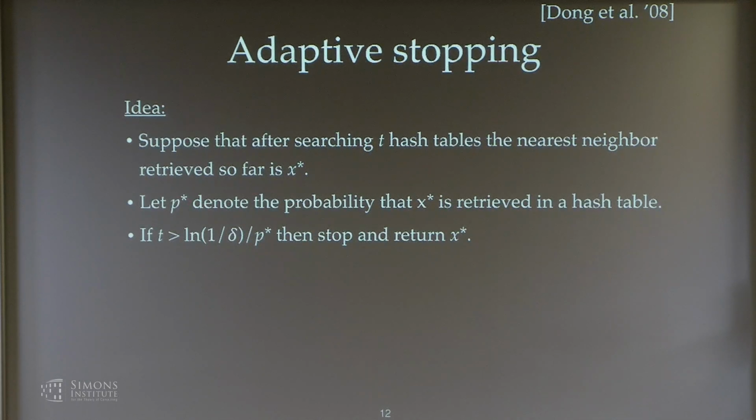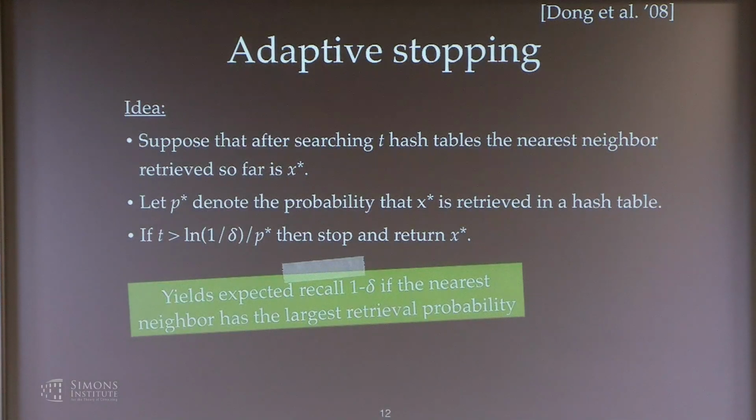Then it turns out that if t is somewhat bigger than 1 over p star, so if t is so large that you would have expected to see x star log 1 over delta times, then we can actually stop and return x star. And with probability 1 minus delta x star will actually be the nearest neighbor. So if you think about it for a little while, it's pretty easy to see that this is the case.